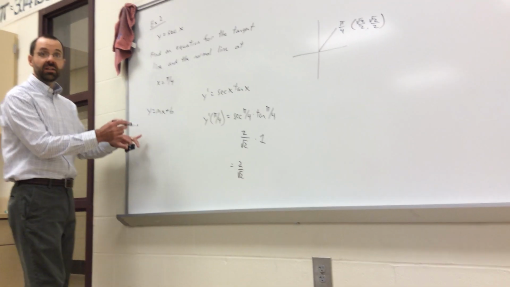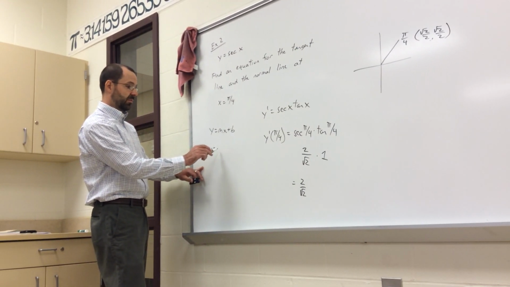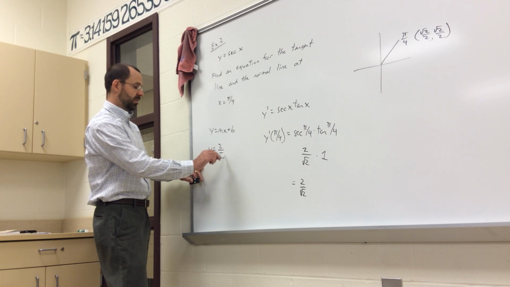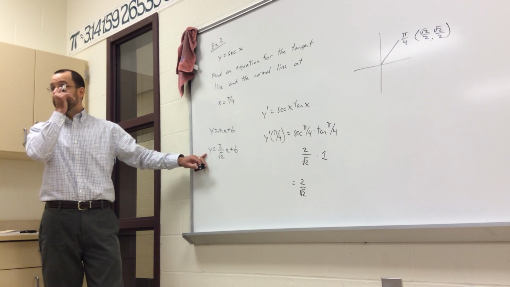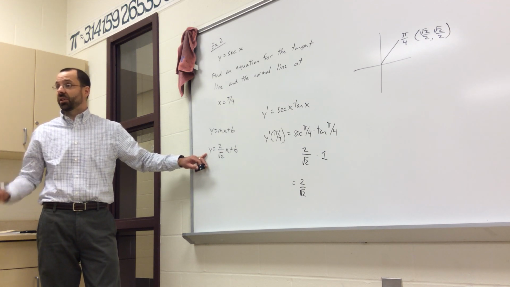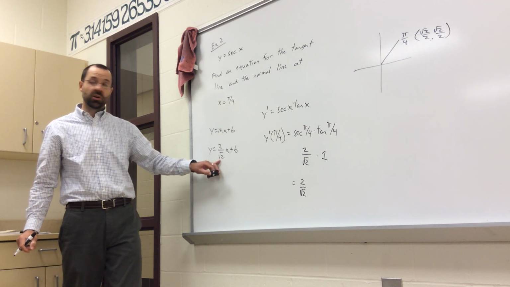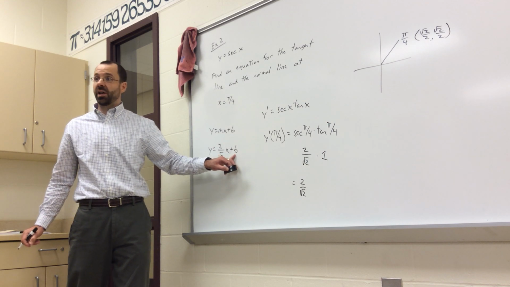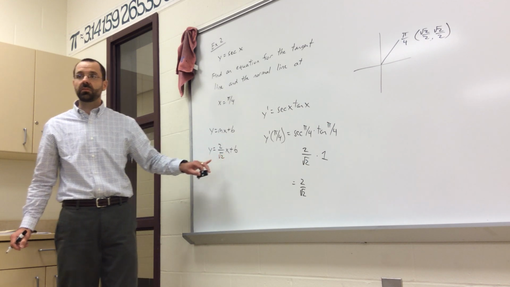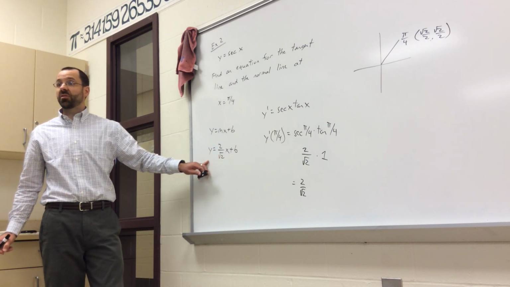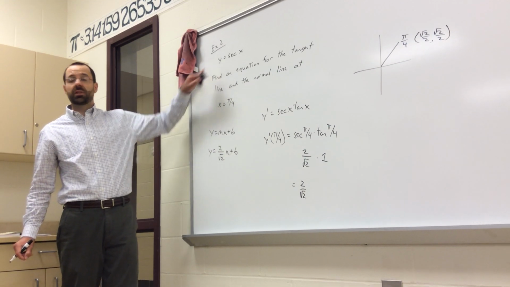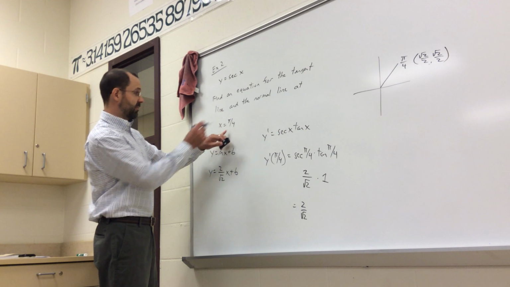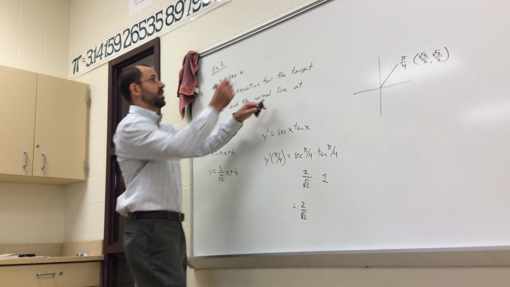Now I'm going to come back here and put that in for my slope. I'm on my way towards writing the equation of the line. I've got my slope. Now all I need to figure out is my y-intercept. To figure out the y-intercept, I need a point that's on the line, or on the curve. I have my x value for my point already.